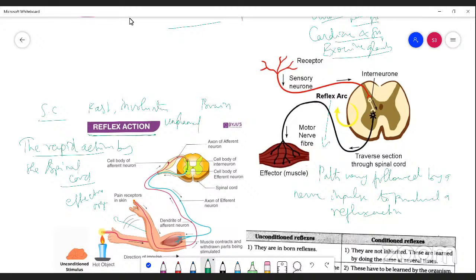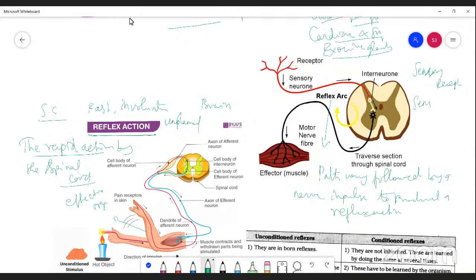Now, the components of the reflex arc. What are the things that take place in the pathway along which the reflex action is carried? The first one, sensory receptor. The second one, sensory neuron.